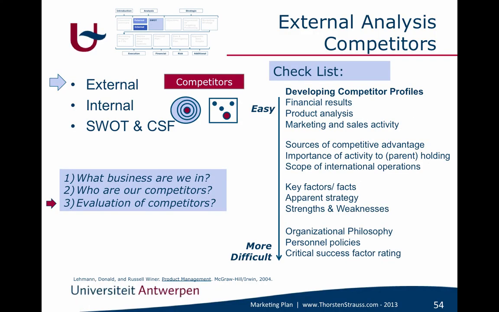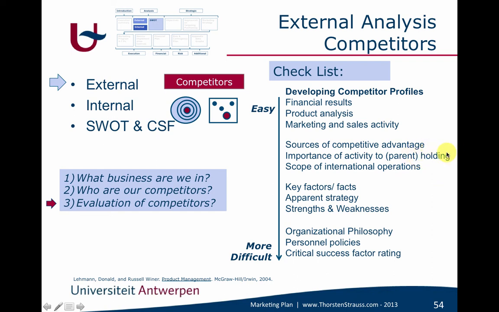What is a checklist when you do competitive analysis? A good competitor profile, from easy to more difficult. What should it include? Obviously, the available financial results, product analysis that you can see either on the shelves or on their website or maybe firsthand. Marketing and sales activity, that's very easy because it's very public. Sources of competitive advantage gets a little bit more difficult.